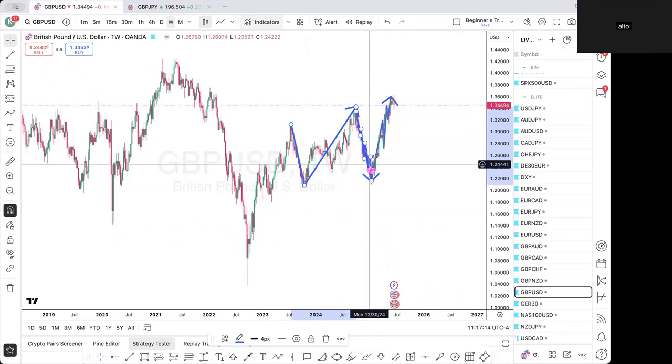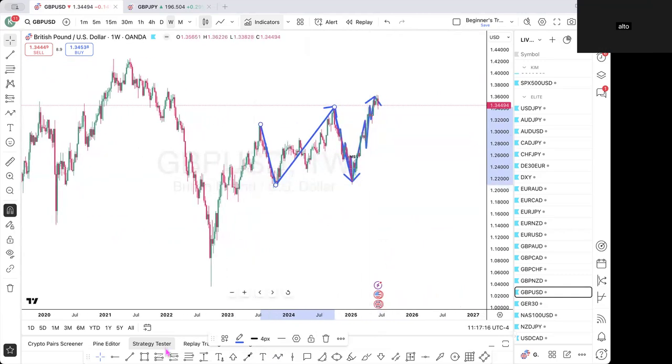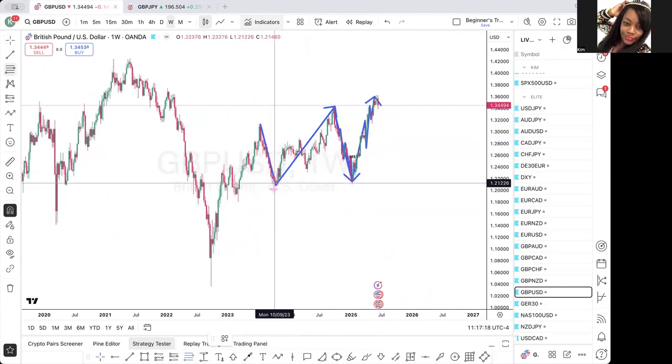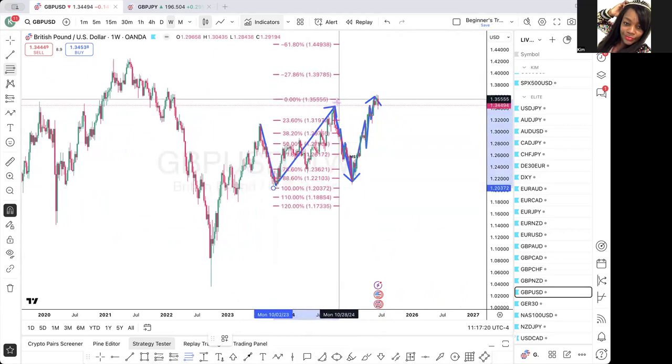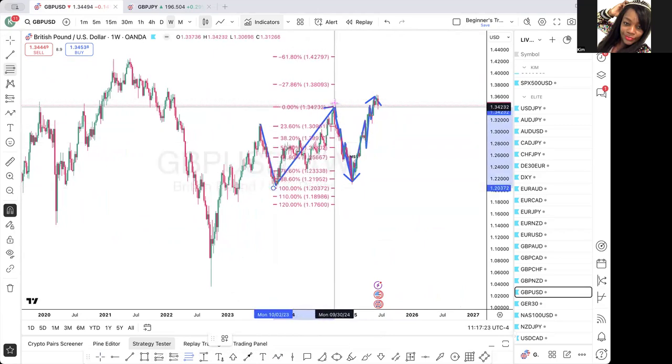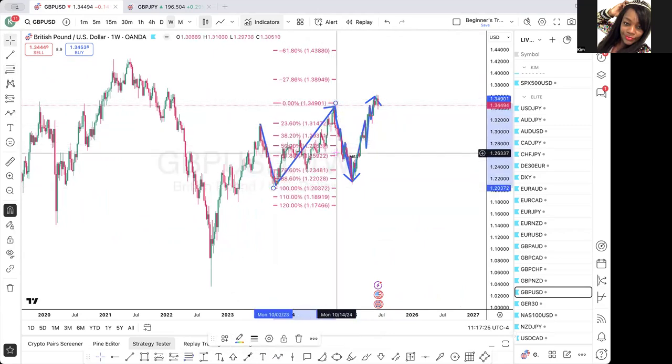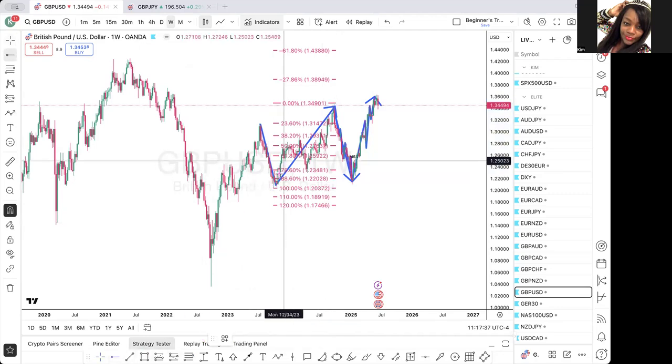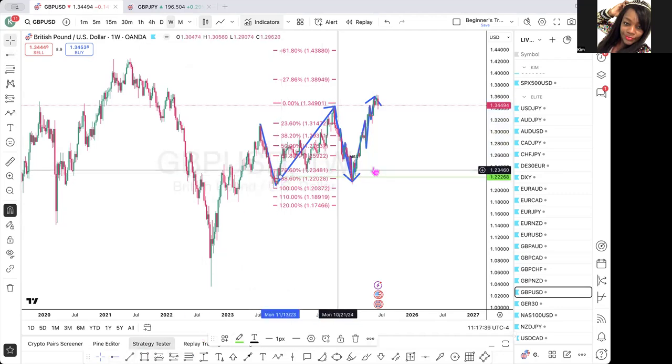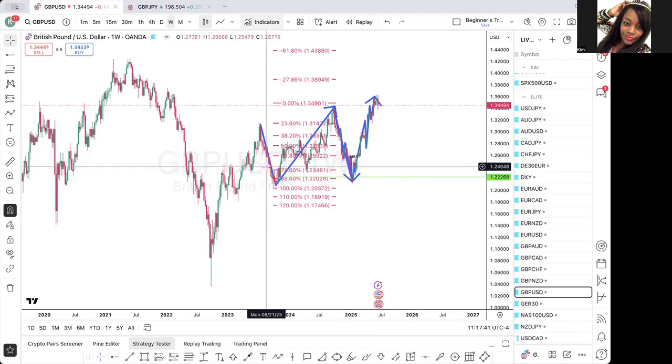So with this pullback, if I fib my move, price pulled back to my 78, it actually pulled back to the 88, and I'm okay with that. So the 78 and 88, and I won't say why I chose this zone right here.